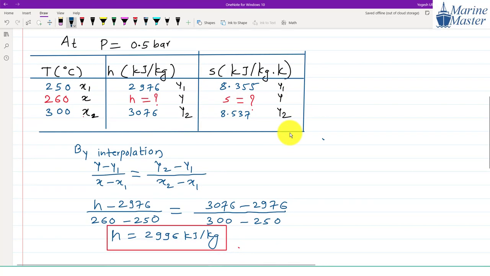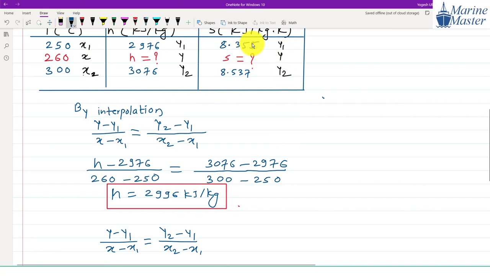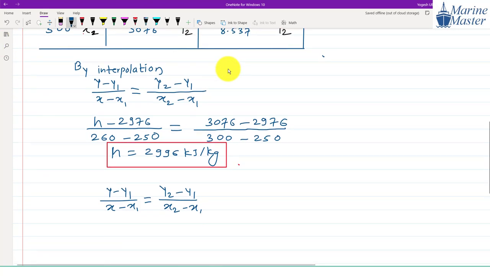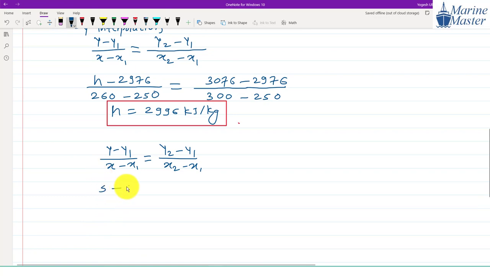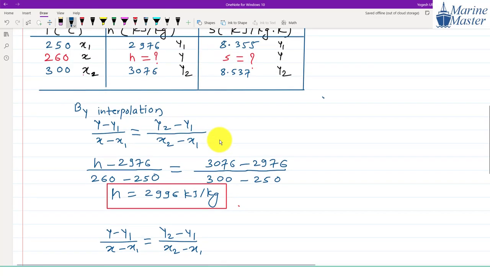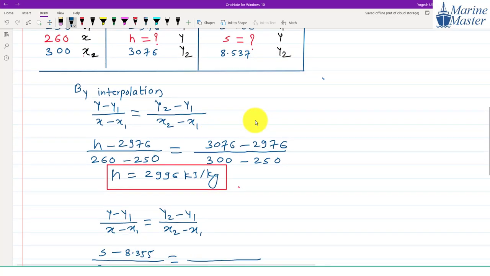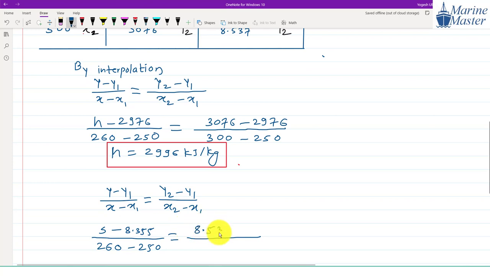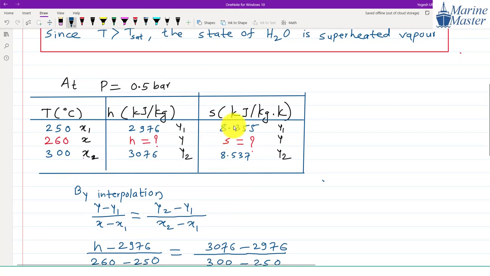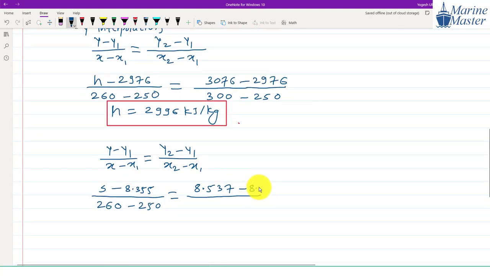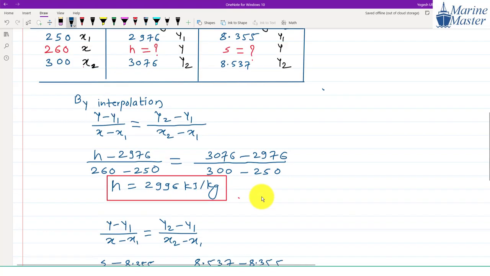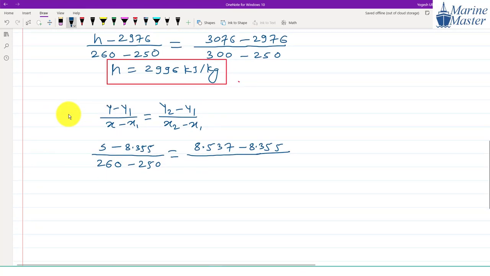So here we need s, so s will become our y. y1 is 8.355, divided by x minus x1, that is 260 minus 250, equal to y2, which is 8.537, minus 8.355, divided by x2 minus x1, that is 300 minus 250.